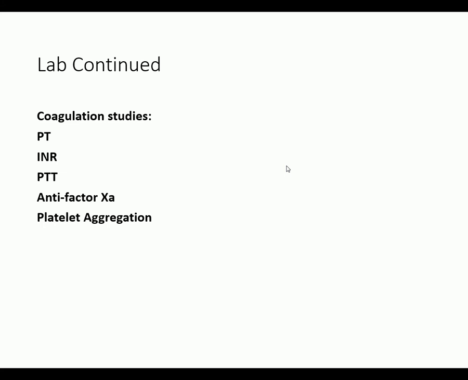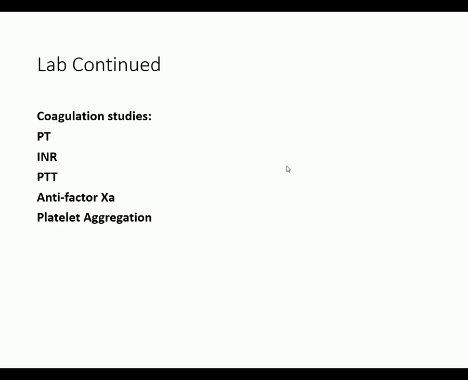All right, let's talk about coagulation studies now. You have your PT, your INR, your PTT, your anti-factor Xa, and your platelet aggregation. They are used for diagnosis of hematologic health problems, to determine effectiveness of drug therapy, and to identify risk of excessive bleeding or clotting.